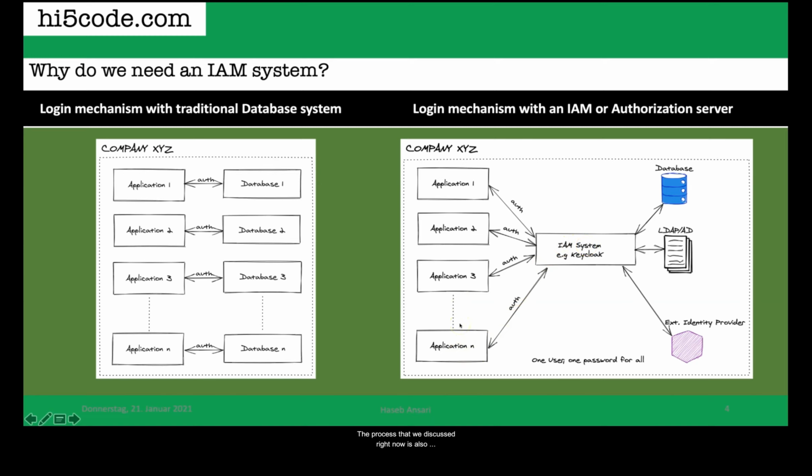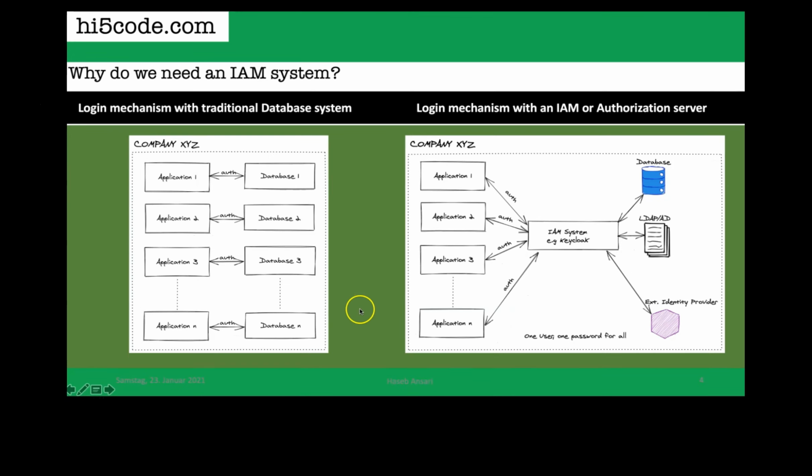The process that we discussed is called the authentication code flow, and it is part of the OpenID Connect (OIDC) protocol.